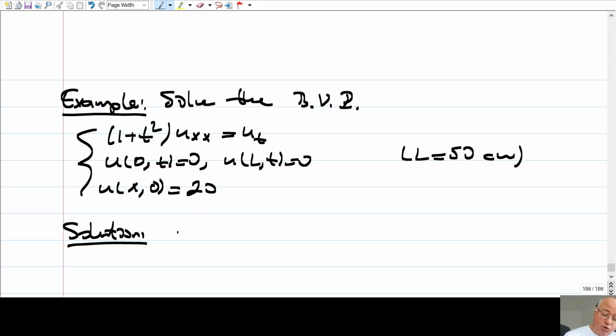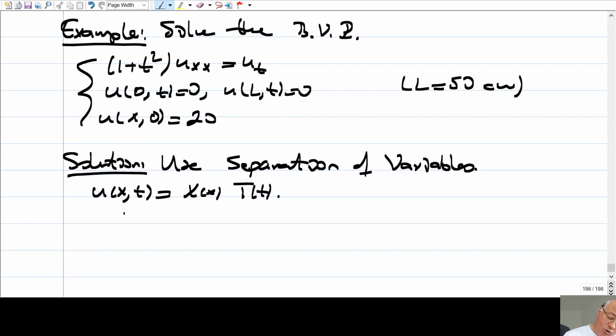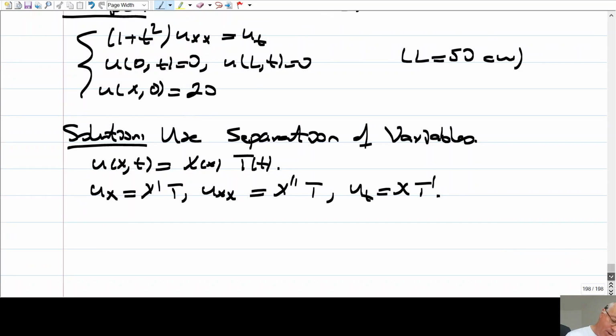Again we use separation of variables. So I consider this kind of solutions, u equals X times T. And as usual, we take derivatives: u sub x prime, u sub x double prime, and u sub t is just X times T prime.